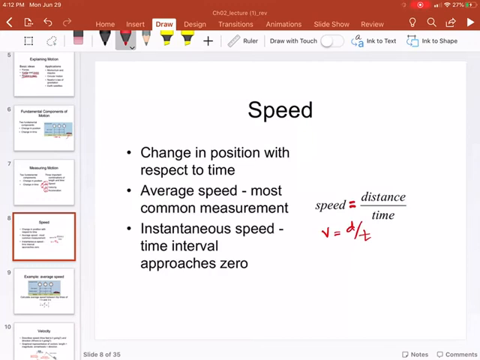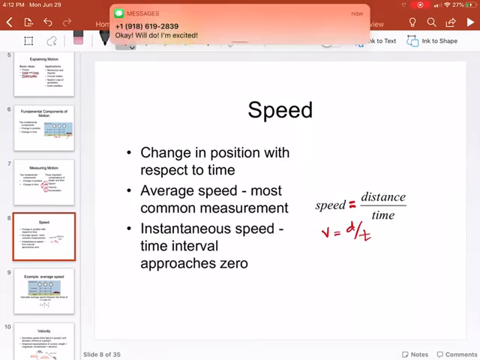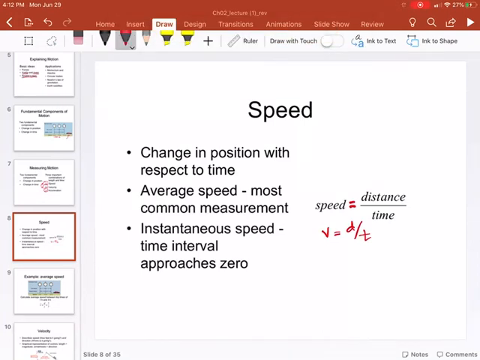But I do want to show you a little bit of algebra here, because you will not always solve for velocity or speed. Sometimes you might have to solve for distance, or sometimes you might have to solve for time. So if that's the case, you have to do a little bit of algebra, but I'm actually going to show you a little shortcut.